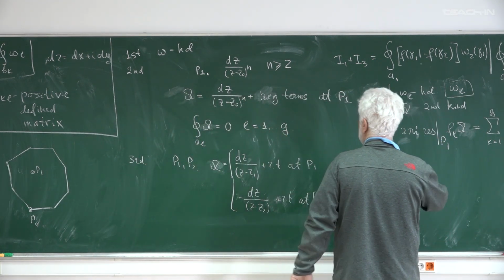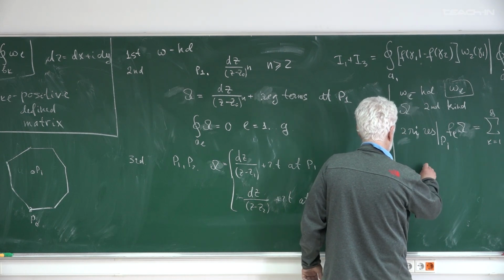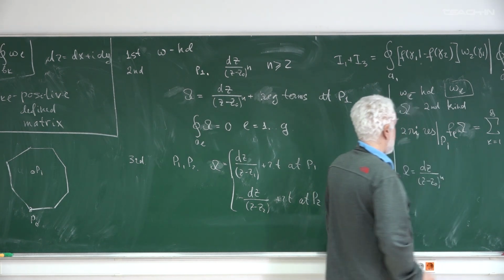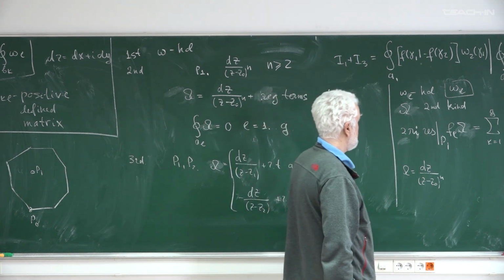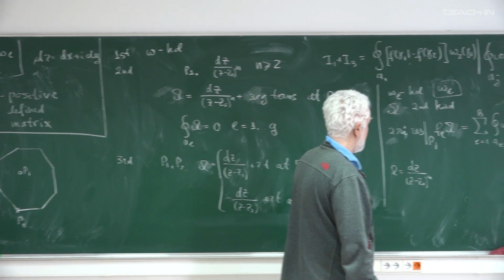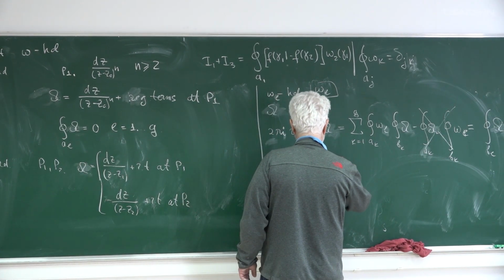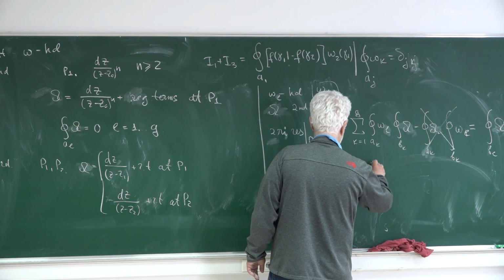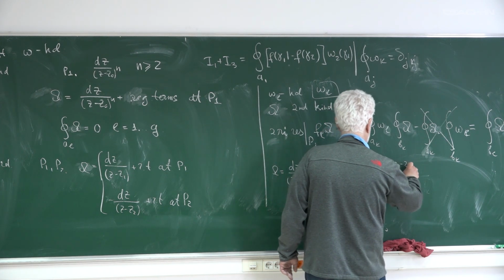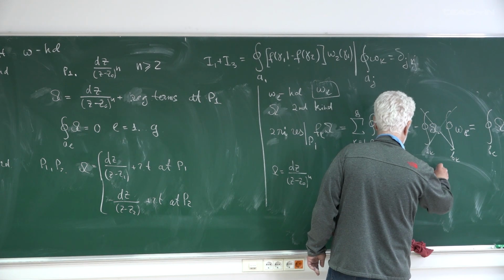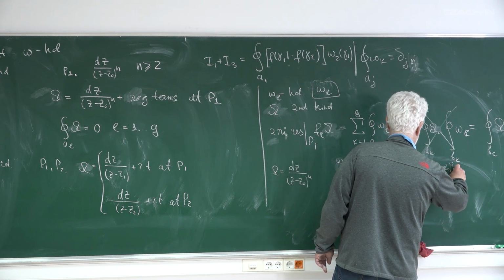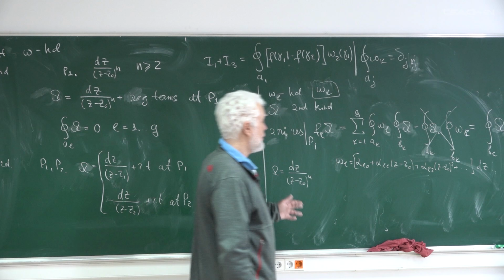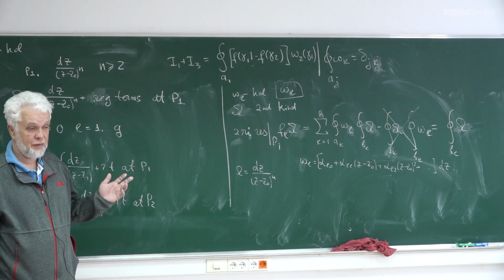So assume that we have a local coordinate. Let's consider the Taylor expansion of omega at this point.